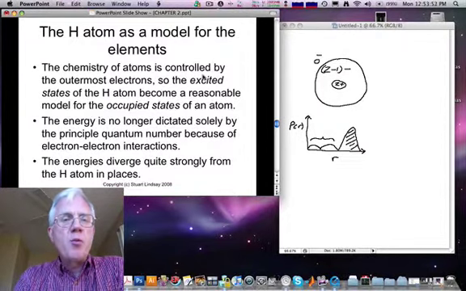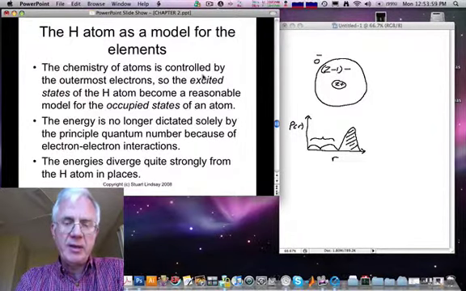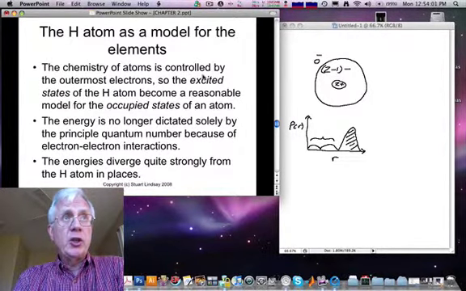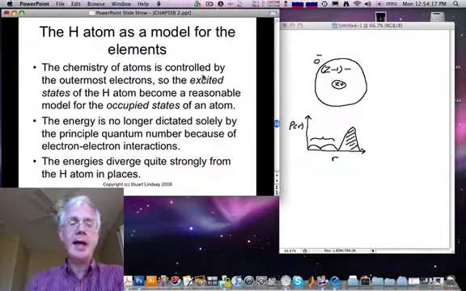However, with all of these qualifications, we can at least use the excited states of the hydrogen atom, the various states for which L and M are not equal to 0, and the states greater than n equal 1, as models of the states that will be filled when we add extra electrons and extra protons to make multi-electron atoms.